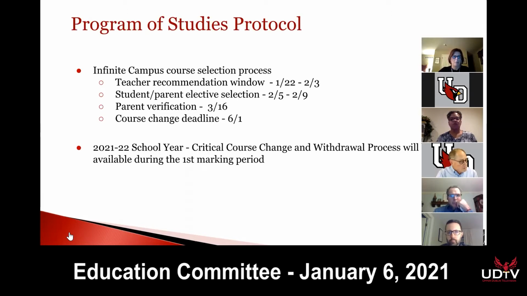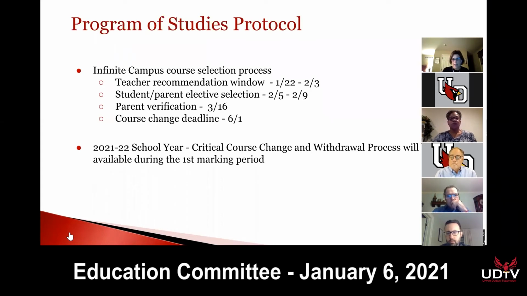Also in Infinite Campus, on March 16th, the window opens for parent verification. This gives the parent an opportunity to indicate that they have seen the courses, that they approve, and that they agree with the course selections that were made for their child.